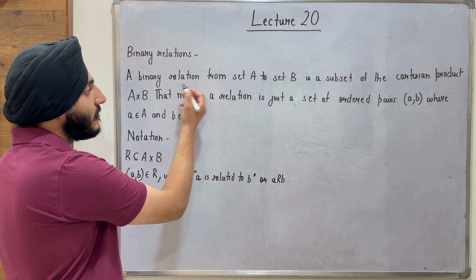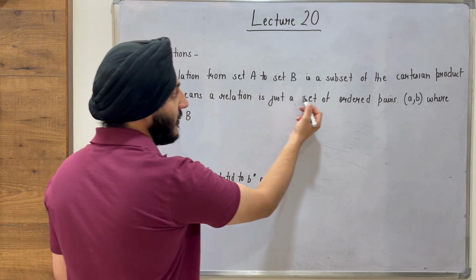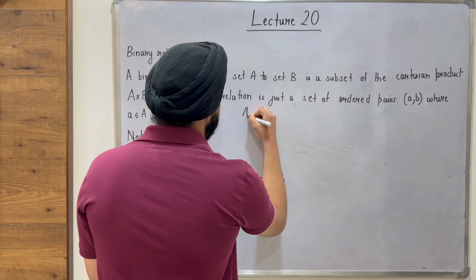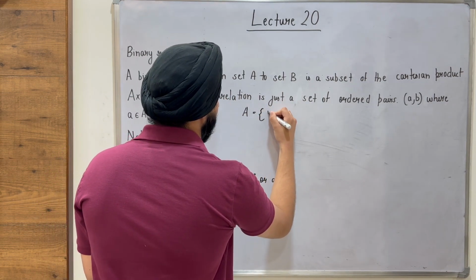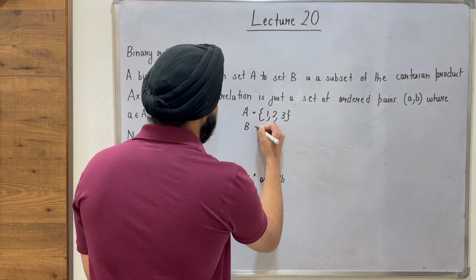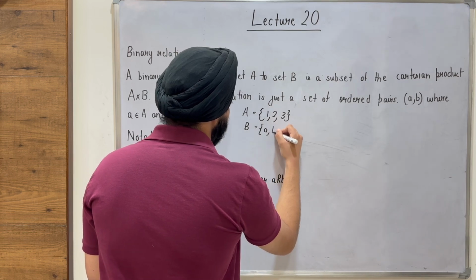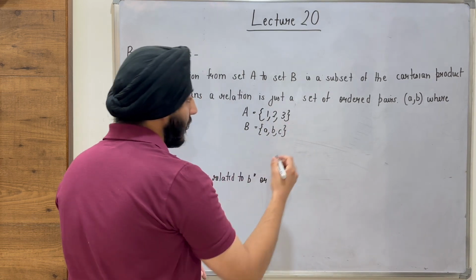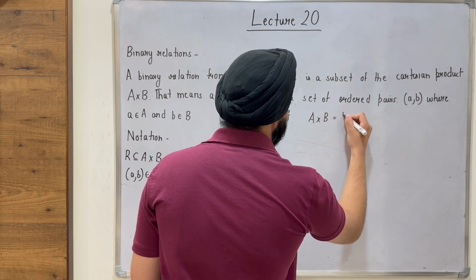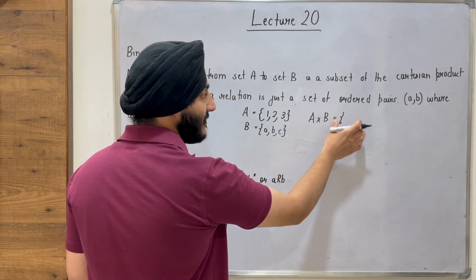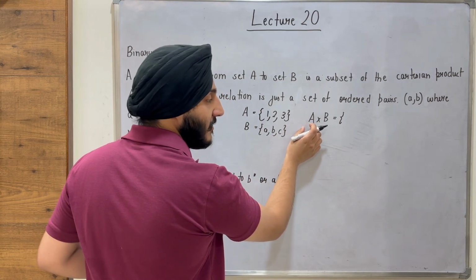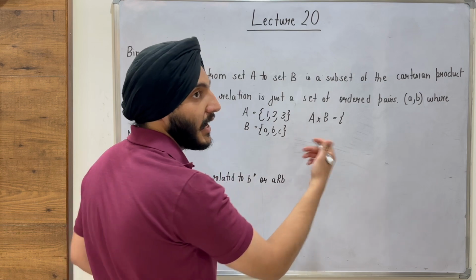Let's say A is the set {1, 2, 3}, and B is the set {a, b, c}. What is going to be the Cartesian product? If you remember, it is a set of tuples where elements of A are on the left-hand side and elements of B are on the right-hand side of the tuple.